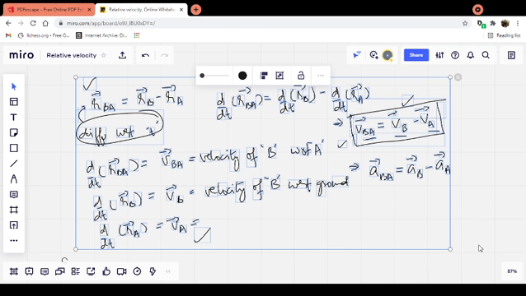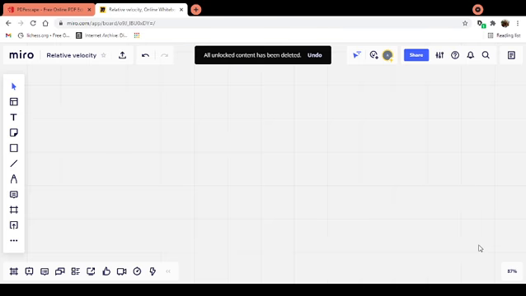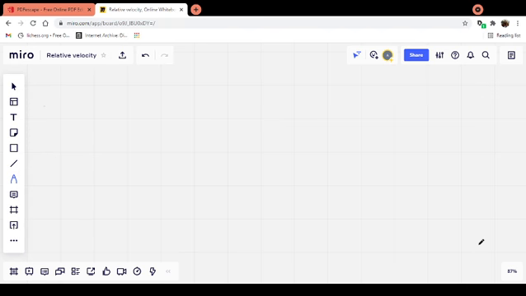I hope this much is clear. We know the equation of displacement of a particle as r is equal to some initial velocity times time plus half of acceleration times t squared.